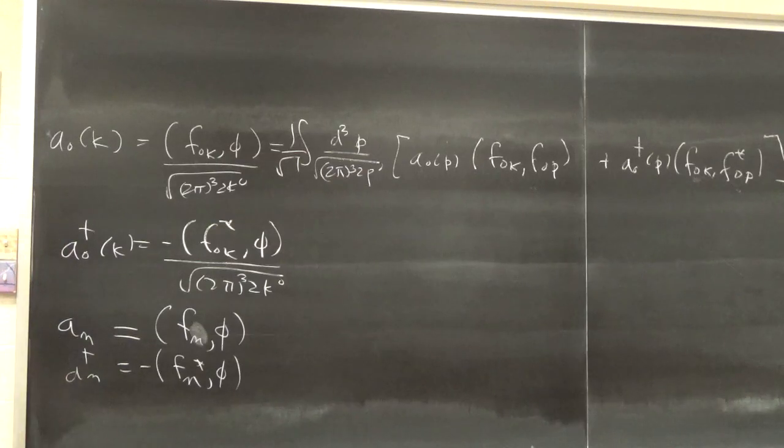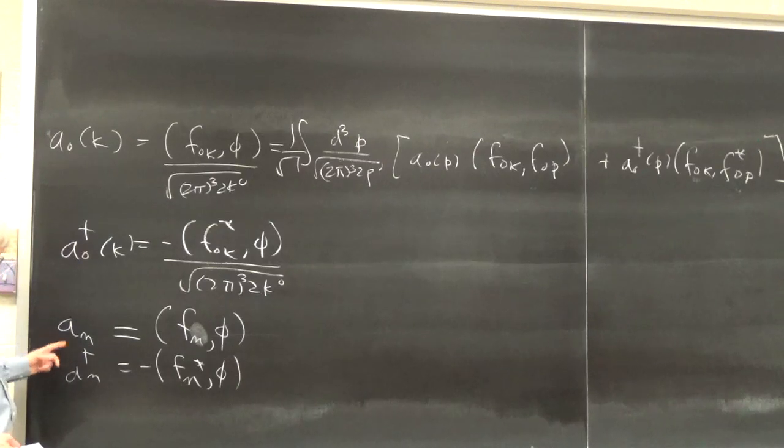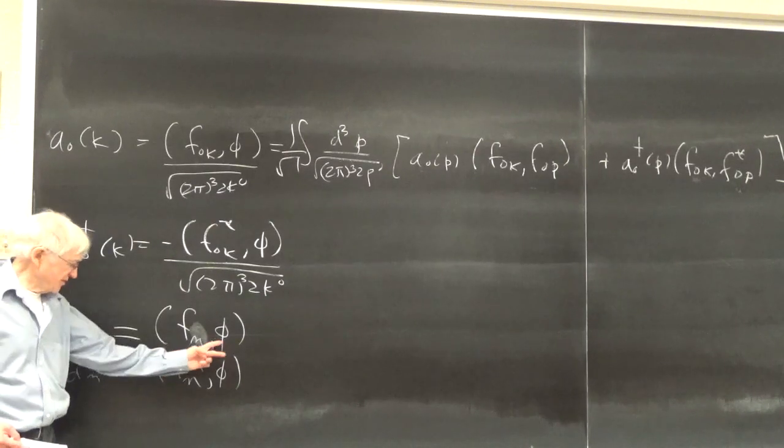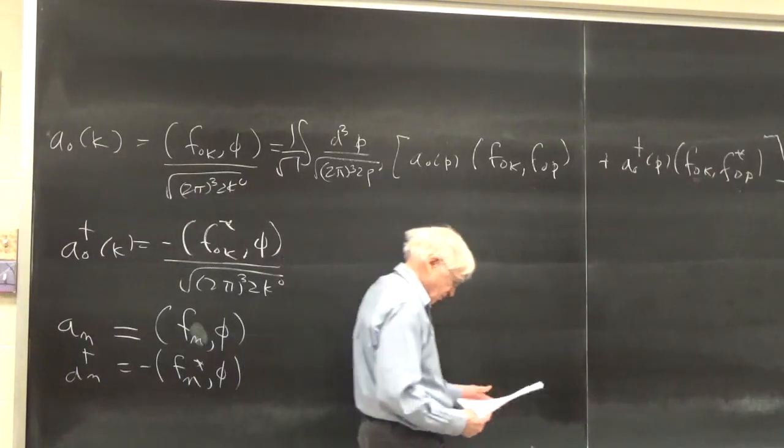So in other words, in terms of this inner product, replacing the second mode function by just the field, one can extract the curved space annihilation and creation operators from the field using the curved space solutions to the curved space Klein-Gordon equation.